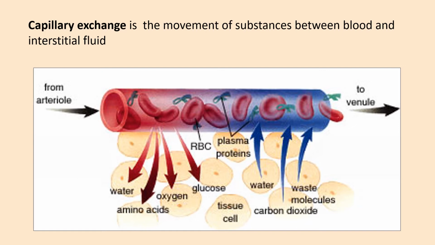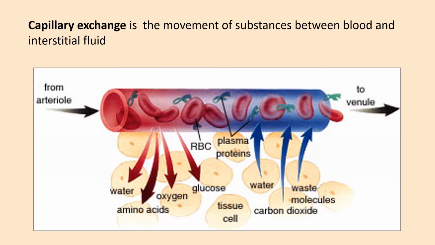And you remember blood and interstitial fluid are two important body fluids for the cardiovascular system. And this diagram shows the direction in which typical substances move. So as that blood flows from the arterial end of the capillary on the left toward the venular end of the capillary on the right, capillary exchange occurs.